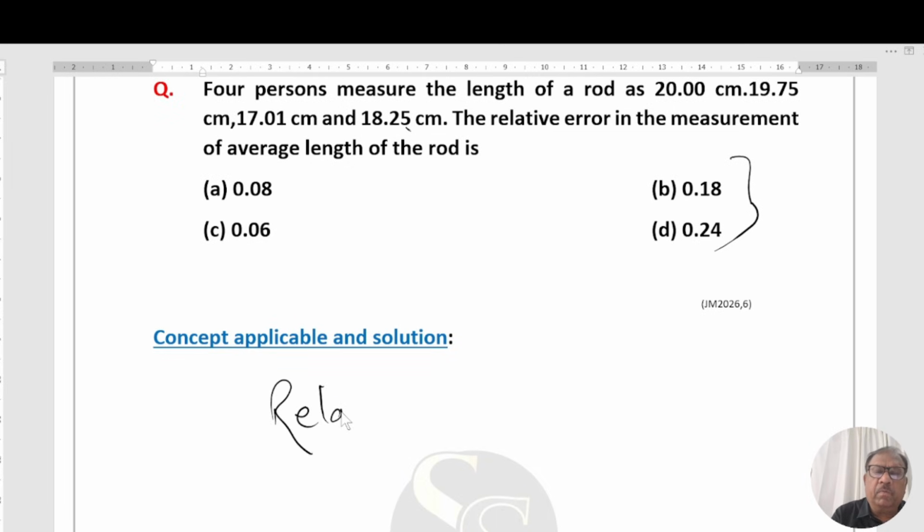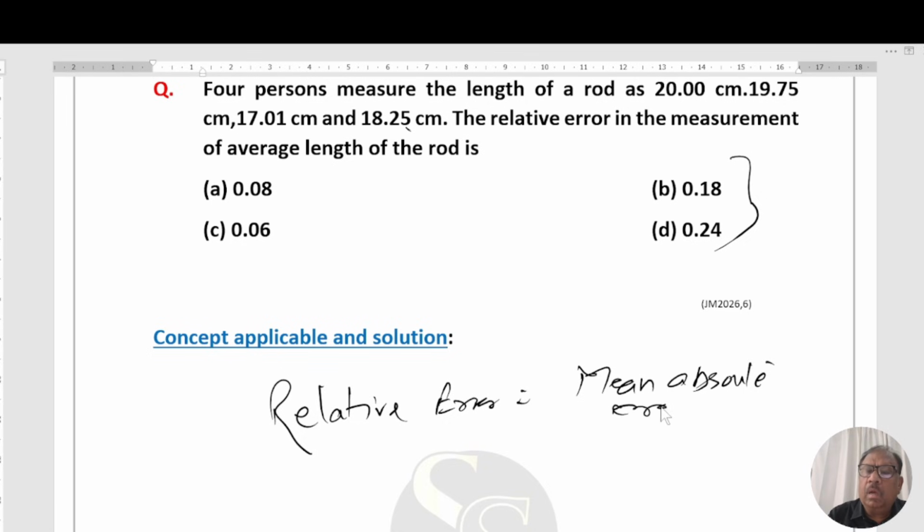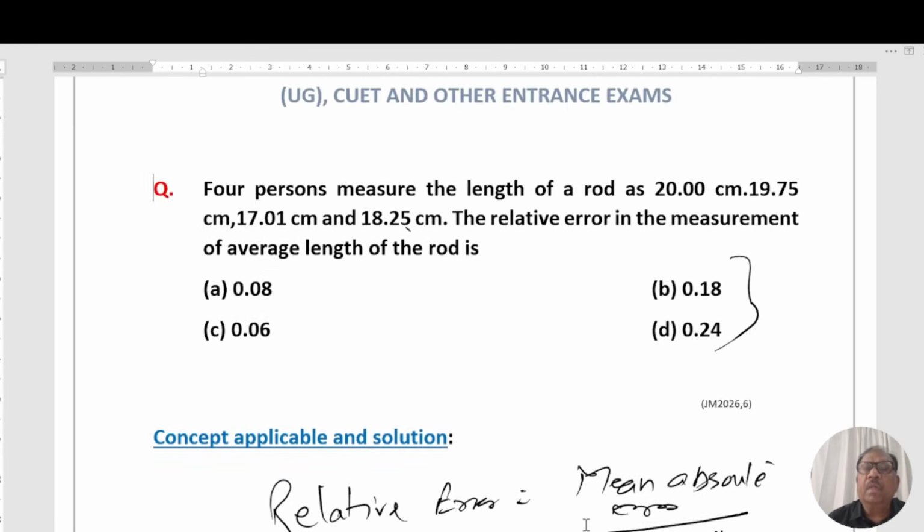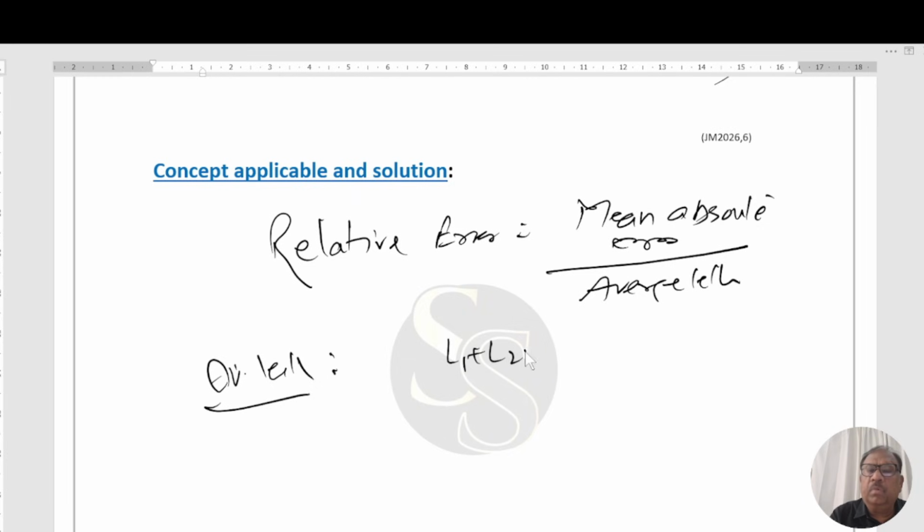Relative error is equal to mean absolute error divided by the average length. What will be the average length? I will discuss only the concepts, you can do the calculation. It is L1 plus L2 plus L3 plus L4, divided by 4. On simplification this comes out to be 18.7252 centimeter.